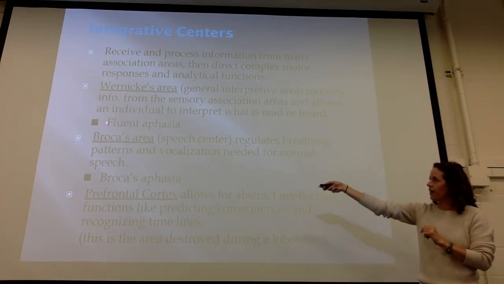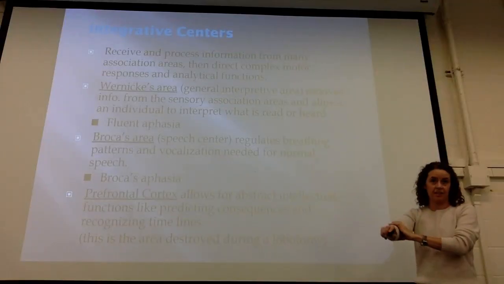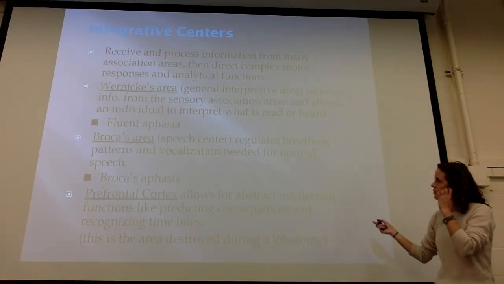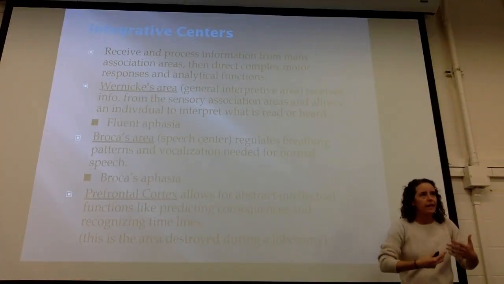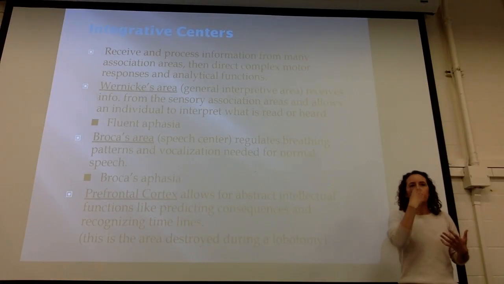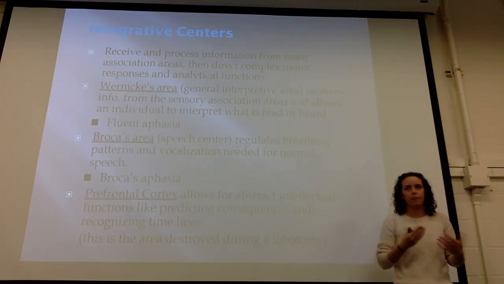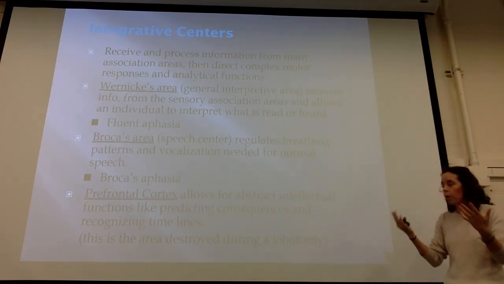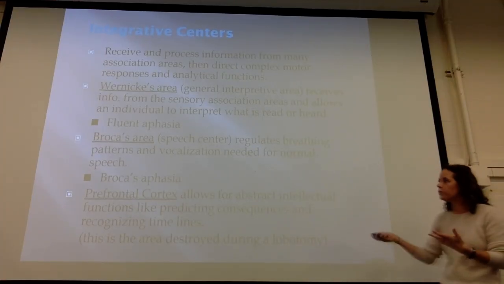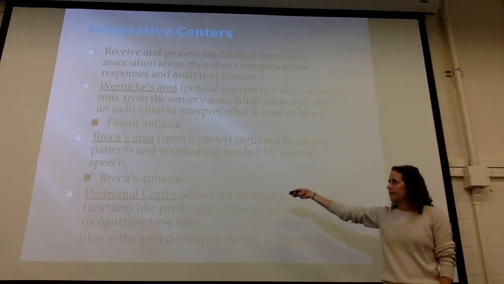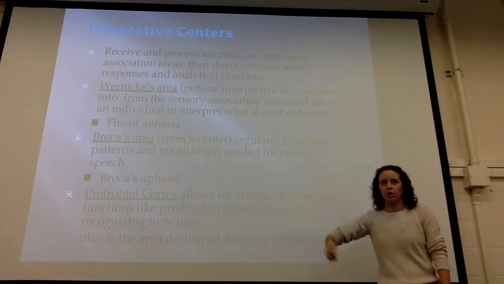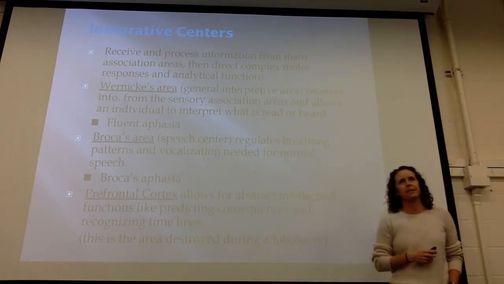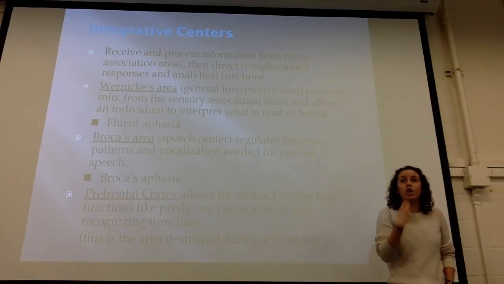Whereas Broca's area, this is our speech center. So this allows us to regulate our breathing in order to speak normal speech. Damage to Broca's area gives us what's called Broca's aphasia, which would be essentially somebody that is just physically having a hard time speaking.